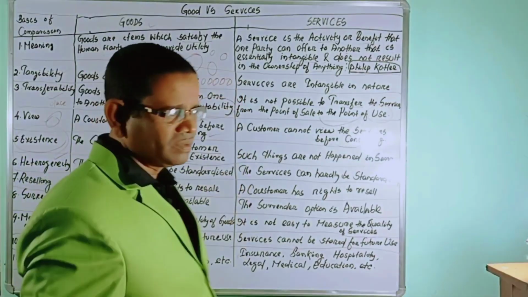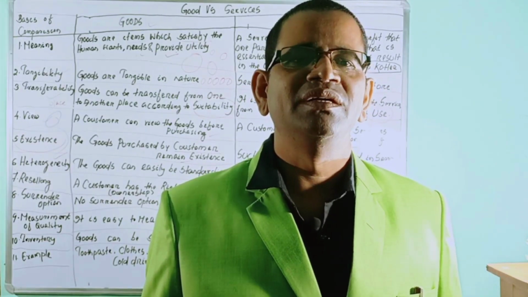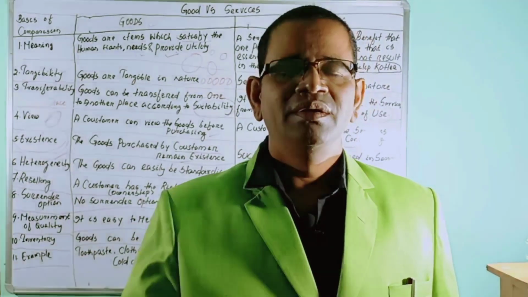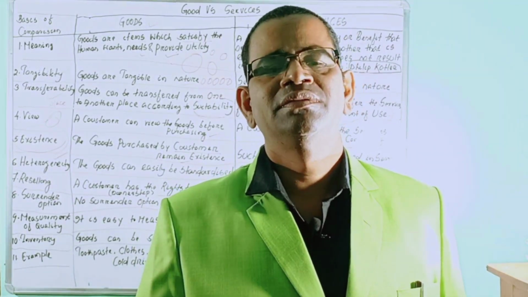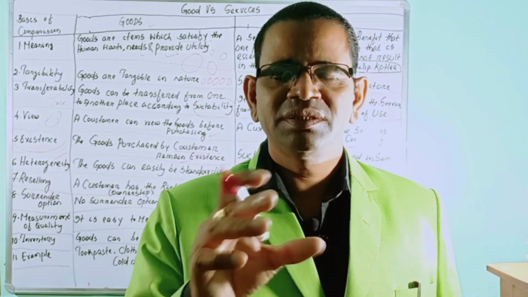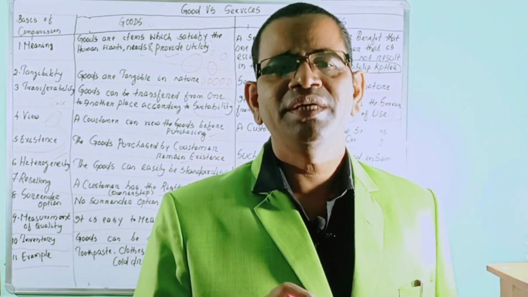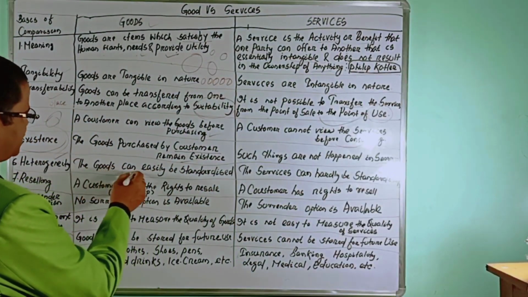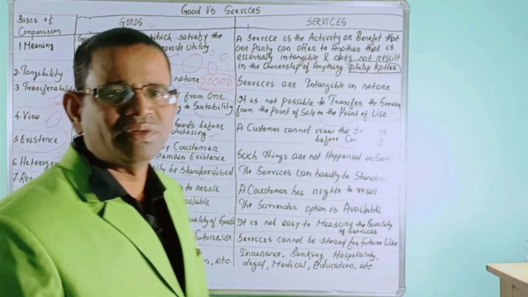Let's take an example, Maruti Suzuki Alto 800. The Maruti Suzuki company can produce one lakh, two lakhs, or three lakhs of the same model or similar types of product. So goods can easily be standardized, because these are the same model, same size.